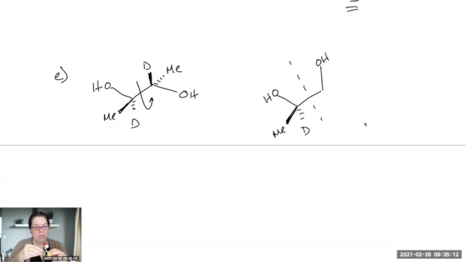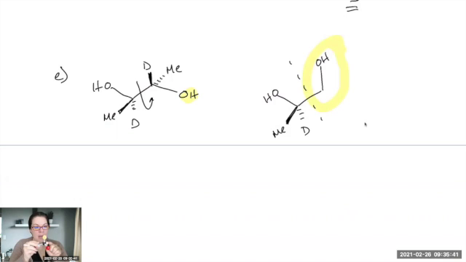Before we did the rotation, your deuterium on this carbon right here is coming out at you and is pointing up, right? This yellow is the hydroxyl group. I'm going to rotate it to show what I drew over here with the hydroxyl group pointing up.